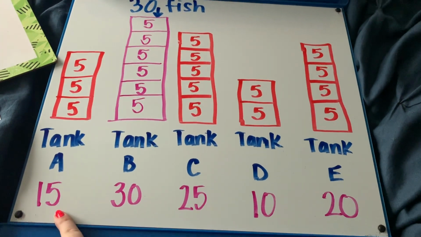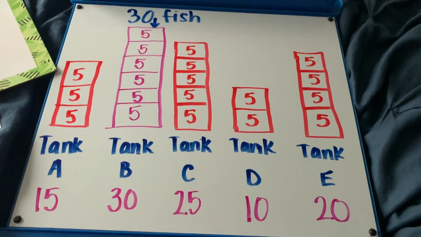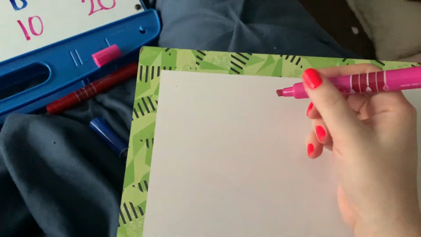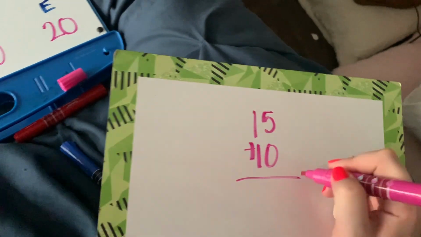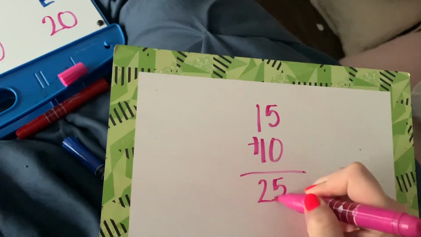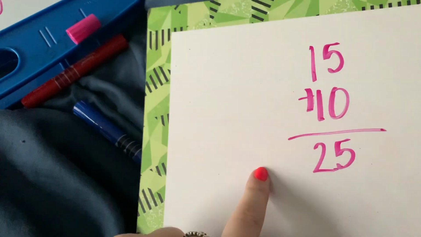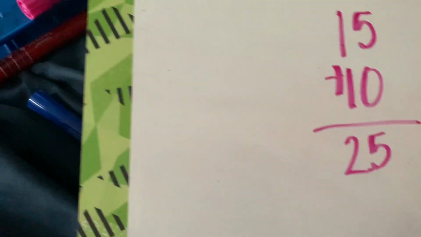So if I have 15 fish in tank A and 10 fish in tank D, then I need to come to my extra whiteboard. I need to do 15 plus 10, and I'm gonna get 25. So there are 25 fish in tanks A and D, okay?